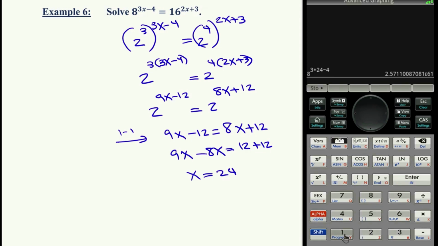And now we're going to go ahead and evaluate the right side, which is 16 to the power of, okay, we need to do the power. So to the power of 2 times 24 plus 3. And we go ahead and hit enter and hope that we get the same thing. Of course we did. So we're good to go on that one.